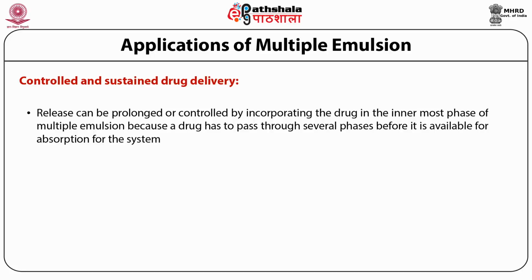Most water soluble drugs are used as multiple emulsions because it has become possible to control the release rate of medicine and suppress strong side effects as compared to simple emulsion.